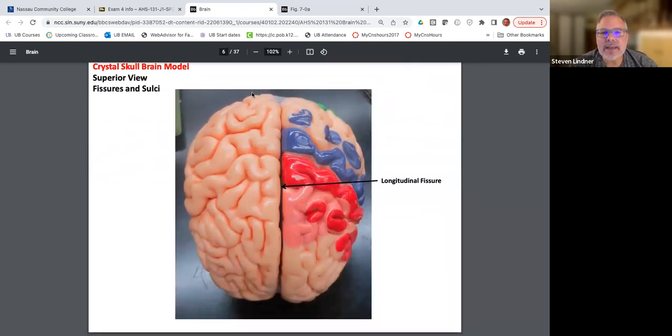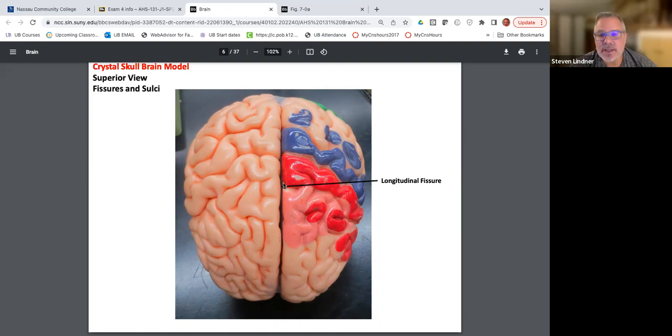Now, when we look at the superior view, there is a fissure that's in alignment with where the parietal and frontal bones come together. Remember, there was a sagittal suture. So where the sagittal suture is on the bone, in alignment with that is a fissure called the longitudinal fissure.